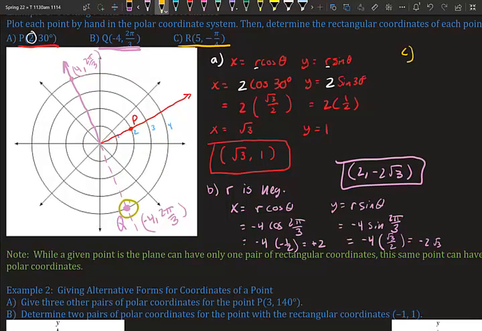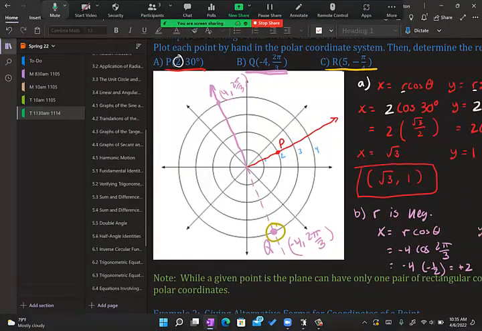We have 5, negative pi over 4. Alright, so r is still positive, but the angle we have is negative pi over 4. So let's go back to our unit circle.